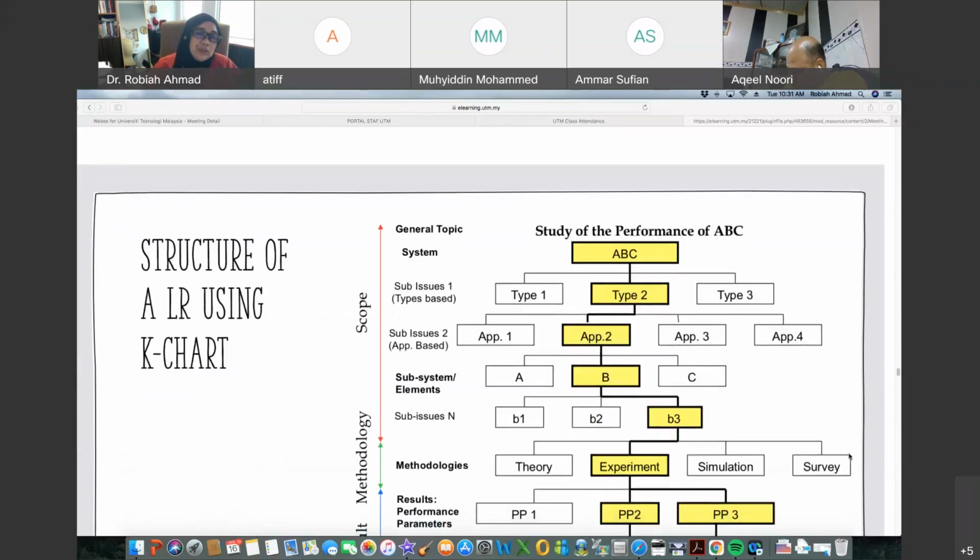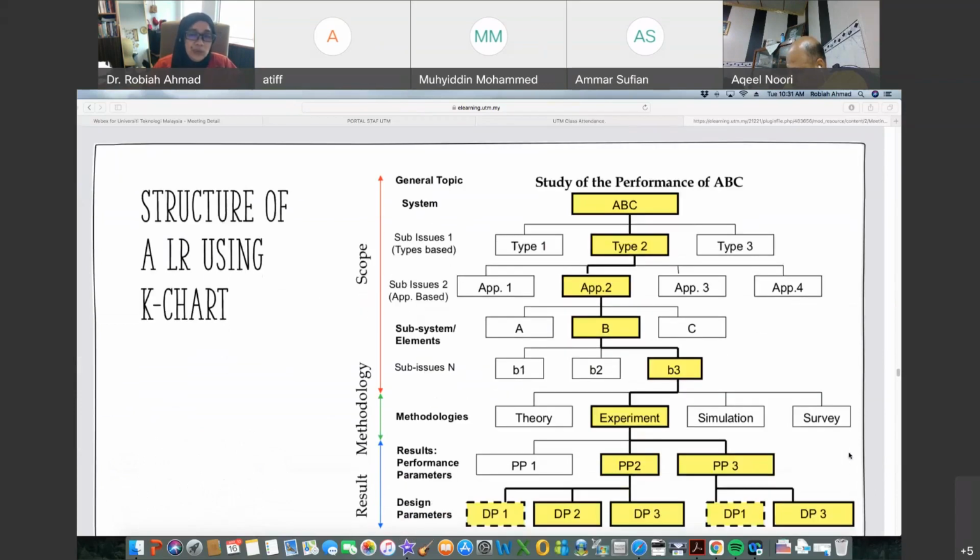The first time I encountered how a student did it was when I was appointed as an examiner for this particular student at a university in the southern part of Malaysia.